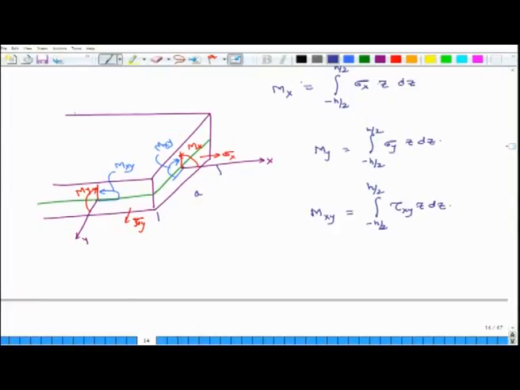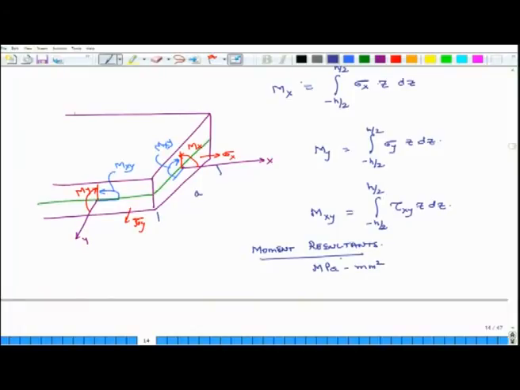Okay. So, these are moment resultants. And what are their units? This will be MPa, which is the stress, times dz times z, so you can have MPa times millimeter square.